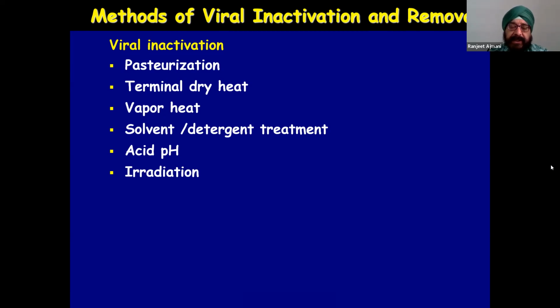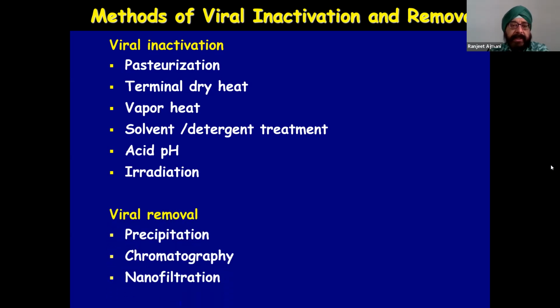SD method, solvent detergent method, is considered to be one of the very robust methods of killing the enveloped viruses, in which typically there's a solvent in which you mix the product and then you add the detergent, and eventually you remove the solvent, you remove the detergent, and the product becomes safe. Then acid pH, you decrease the product pH and you inactivate the virus. Irradiation is also one of the methods of viral inactivation. Then virus removal, either you can do through precipitation or chromatography or nanofiltration.